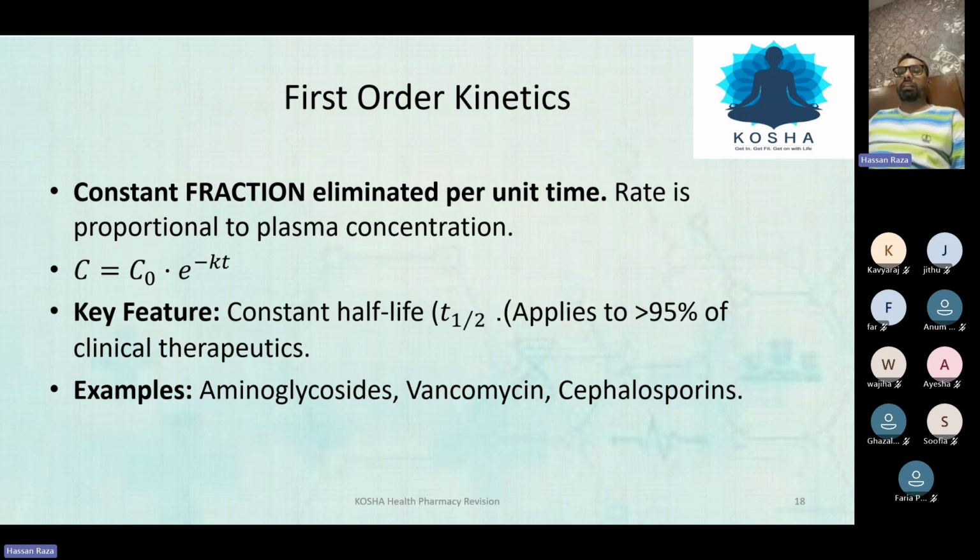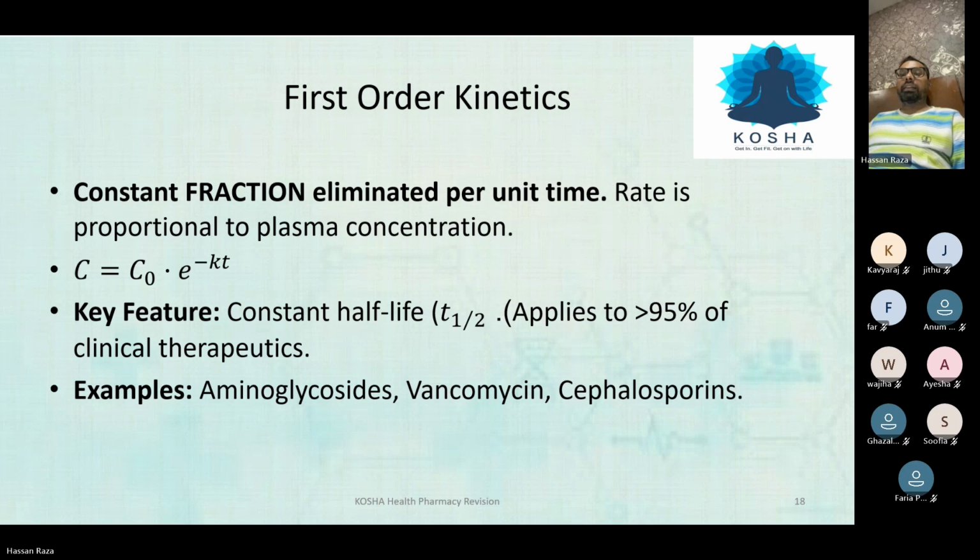Similarly, there are drugs which follow first order kinetics. They are concentration dependent, like vancomycin, aminoglycosides, and cephalosporins. The more you give the drug, the more there will be elimination.